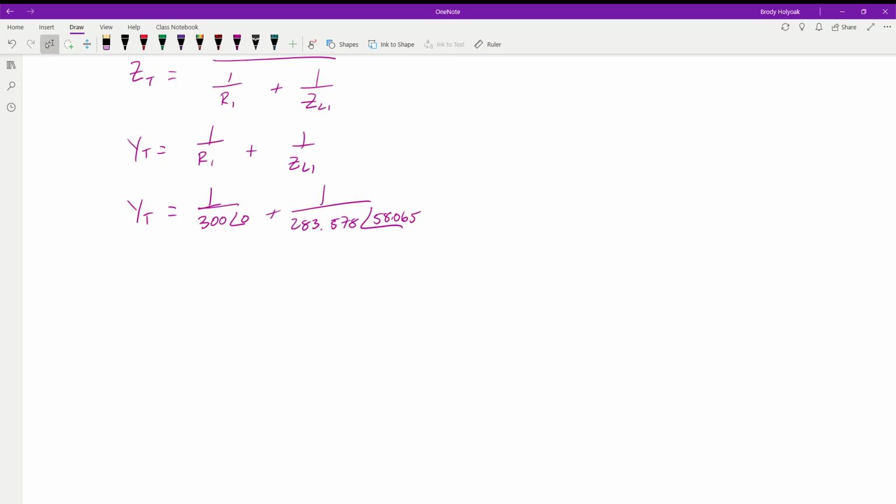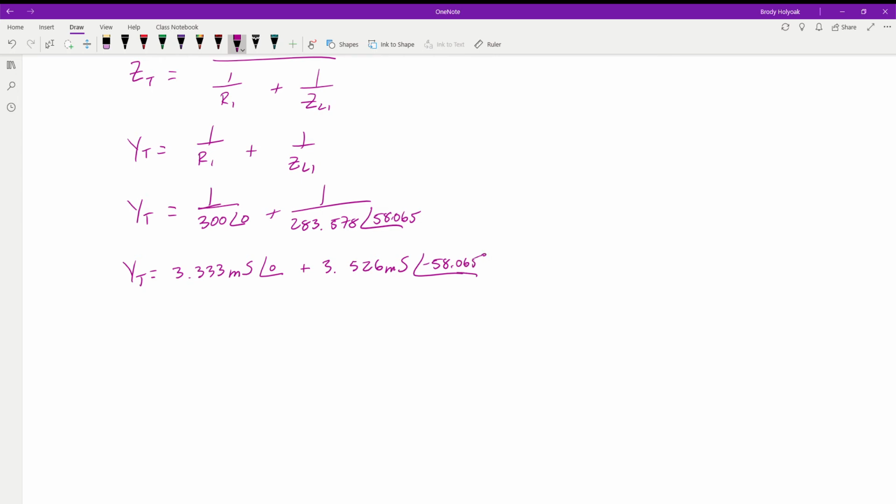So we do those reciprocals, and we end up with 3.333 millisiemens at 0 degrees plus 3.526 millisiemens at negative 58.065 degrees.